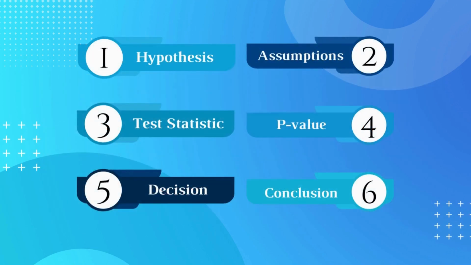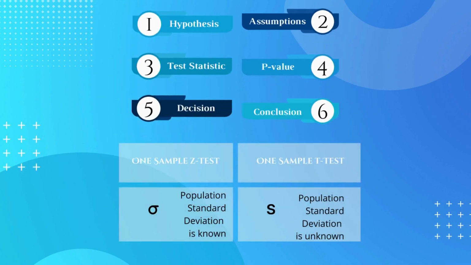Let's recap. We have used the 6 steps of a hypothesis test to look at 2 examples of hypothesis testing, one for the one-sample z-test and one for the one-sample t-test. We know that we need to use a one-sample z-test when we know the population standard deviation. However, if we don't, we need to use a one-sample t-test with the sample standard deviation as an estimate.